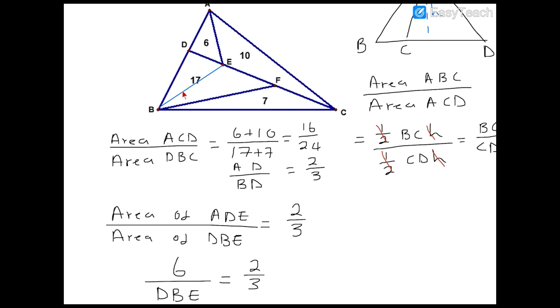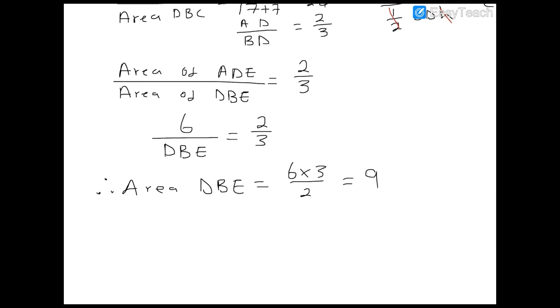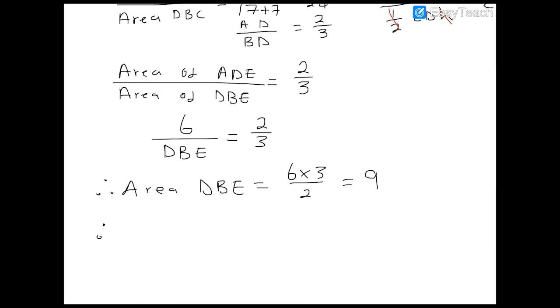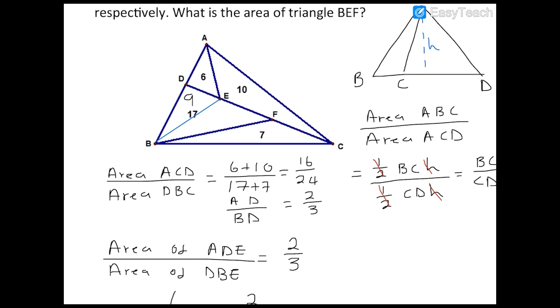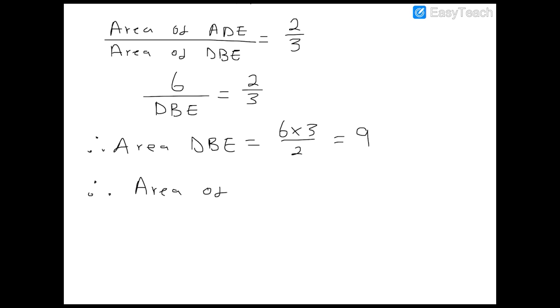But that's for DBE, but the question wants BEF. We know that if the whole thing is 17 and this one is 9, we just need to subtract. So therefore the area of BEF will be equal to 17 minus 9, which will be equal to 8.